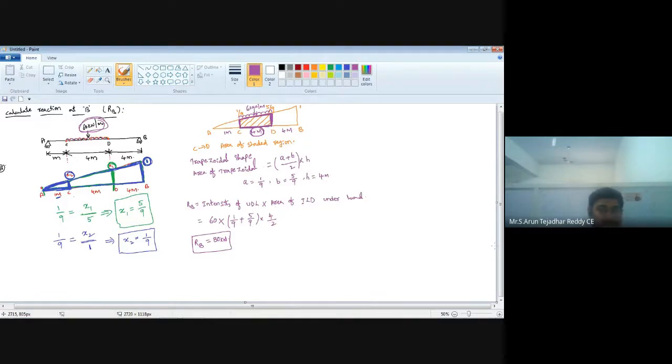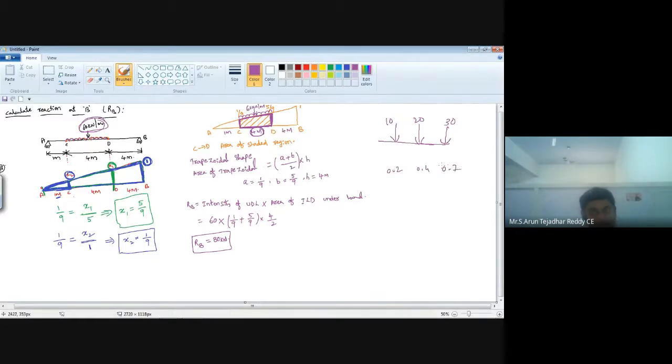See, there is a very small difference between the last problem and this problem. In the last problem, there were some different loads, like 10, 20, 30, and some ordinates like 0.2, 0.4, 0.7.